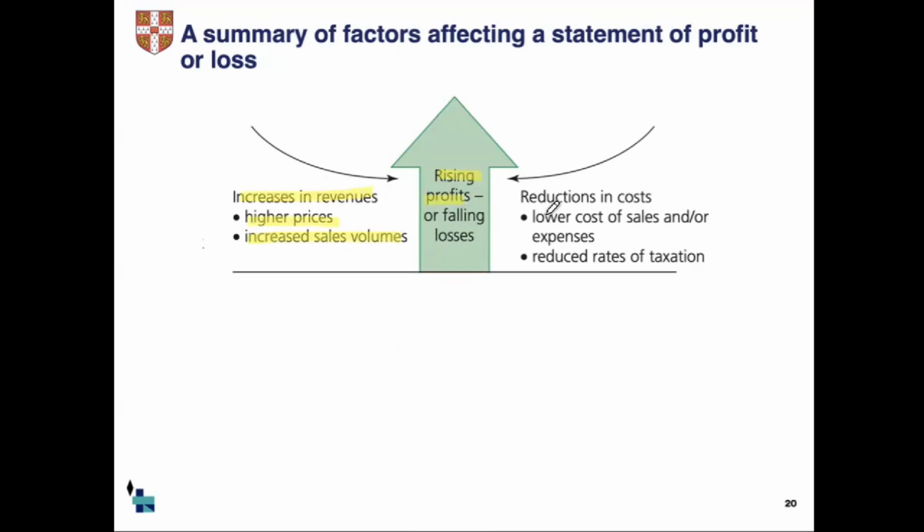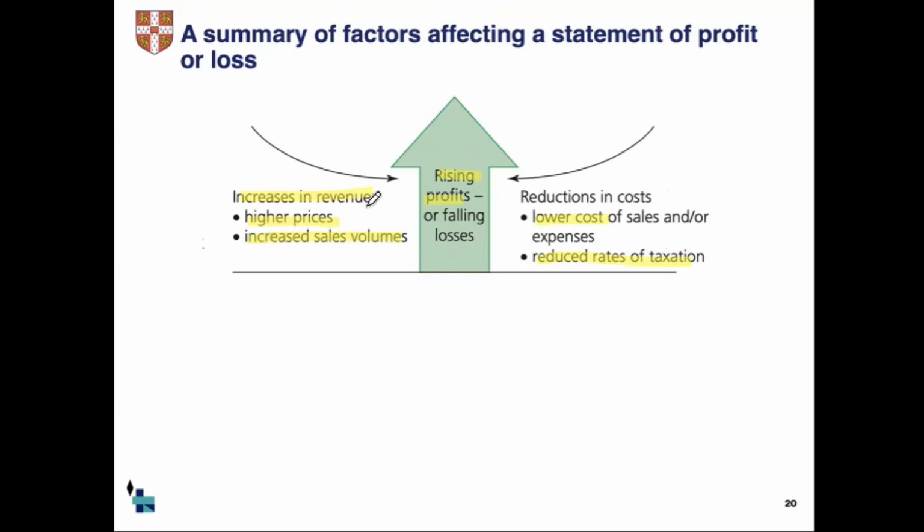However, if there are lower costs and also reduced rates of taxation, that means our costs are reducing, and that will also increase our profits. So this diagram is looking at the things that would cause our profits to increase. Number one, higher prices. Number two, increase in sales volume.